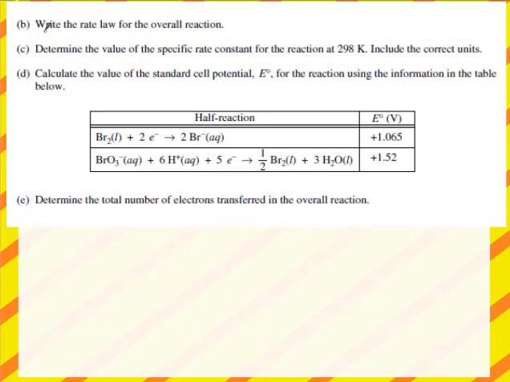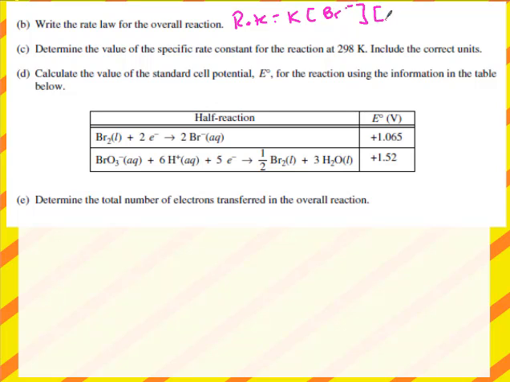So now, determine your rate law and figure out your rate constant. Restart when you're done with b and c. So my rate law is what I've been writing. The only difference is instead of m, n, and p, I'm going to plug in what my values are.